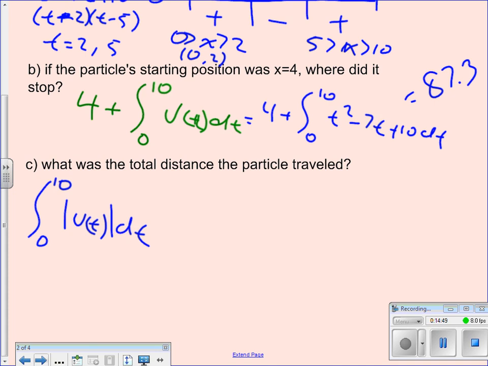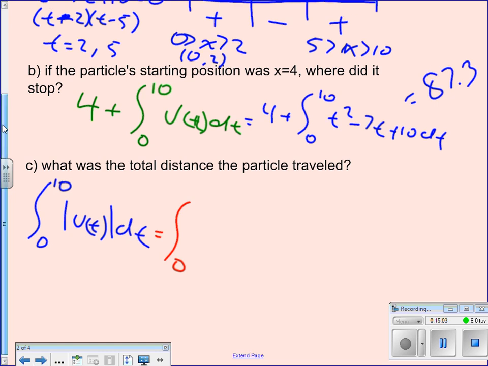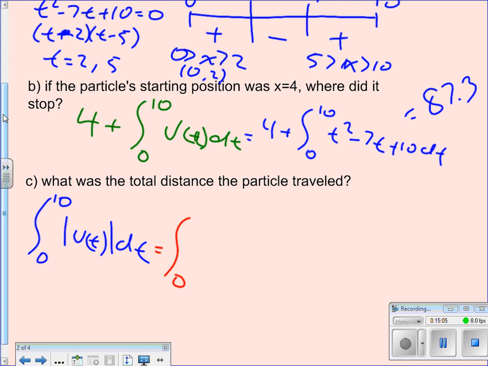However, we're smart people. Here's what we can do. We can break it down into parts. When does it change direction? Yeah, we figured it out. It was 2 and 5.